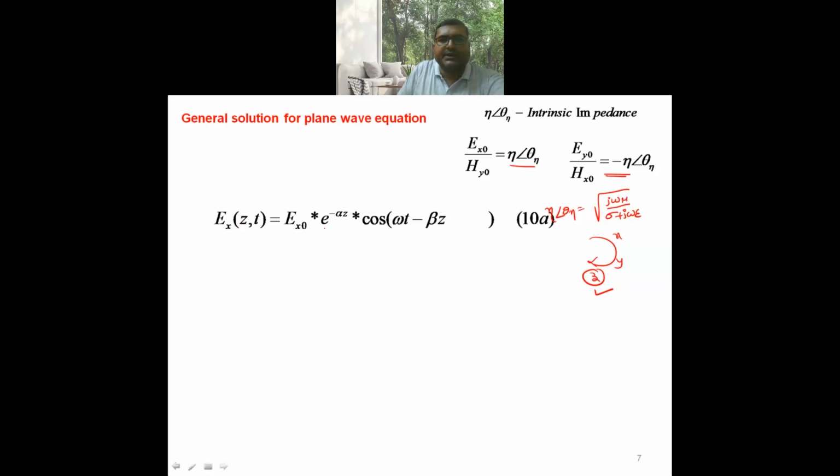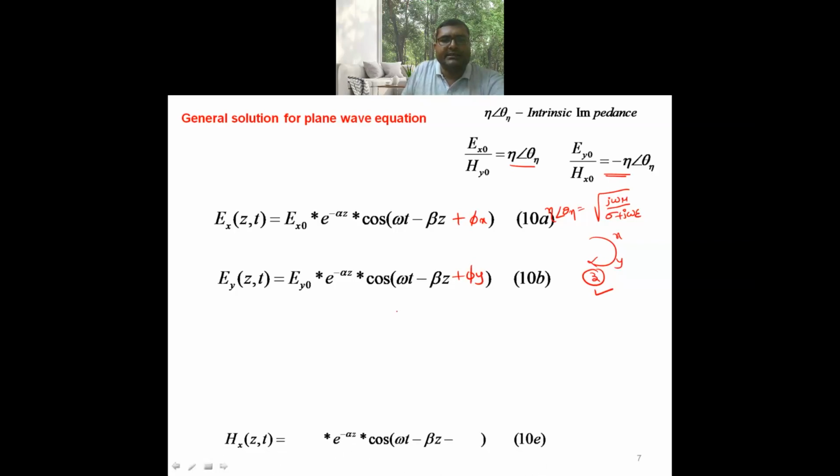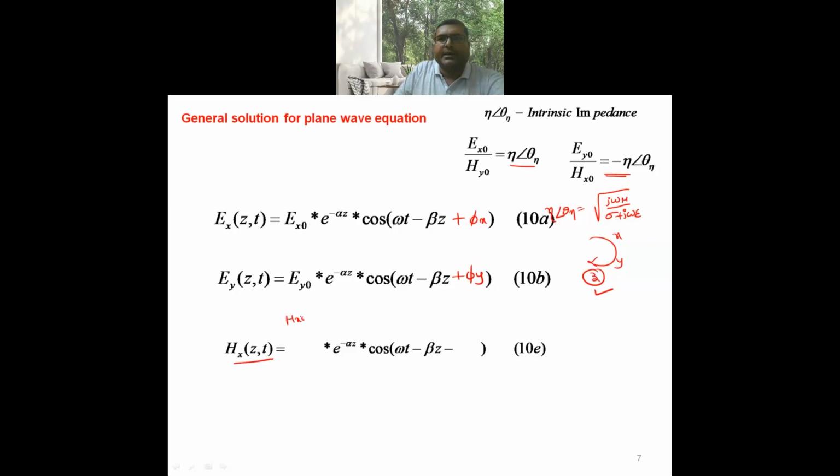Ex of z comma t equals Ex naught e power minus alpha z cos omega t minus beta z plus pi x. In some of the situations we exclude pi x and pi y. Now equation 10c, Hx of z comma t, here the term present is Hx naught.